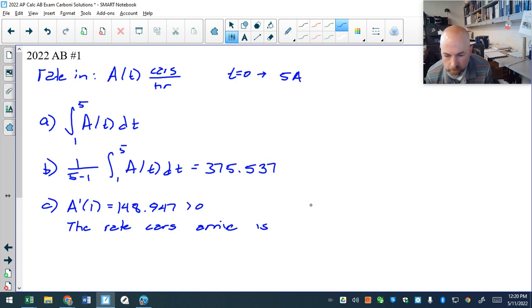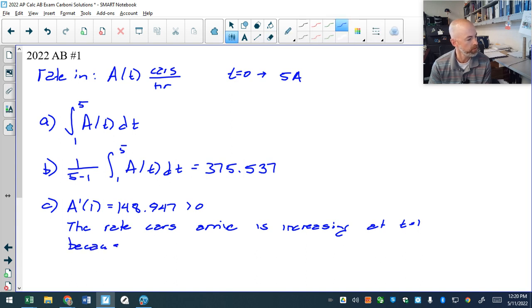So the rate, is it increasing or decreasing, is increasing at t equals 1 because, I should write that out, because A prime of 1 is greater than 0. So there's my answer for part C.